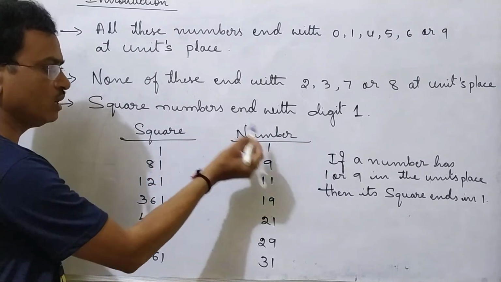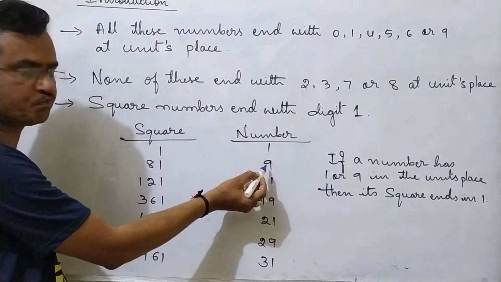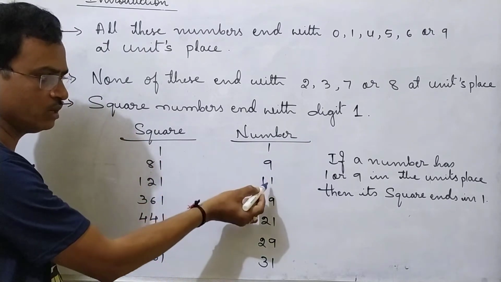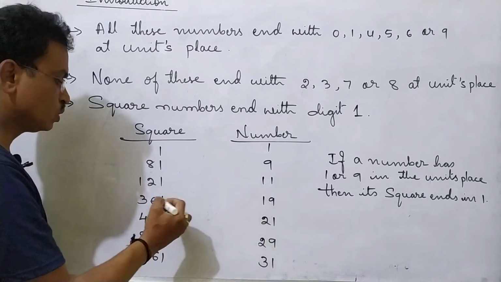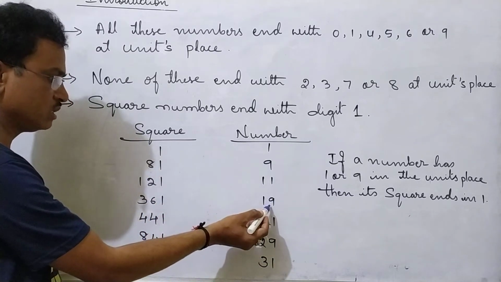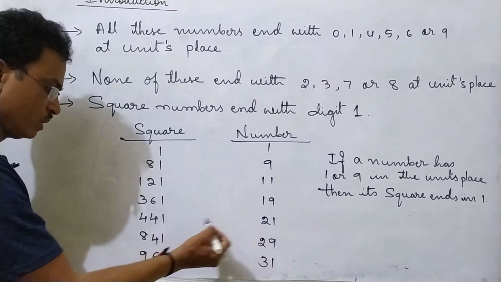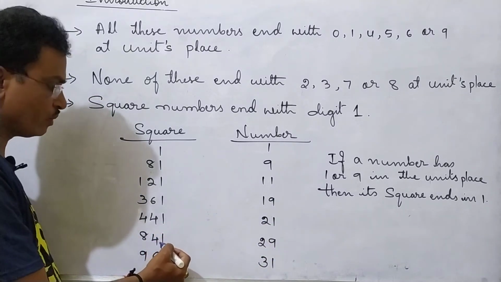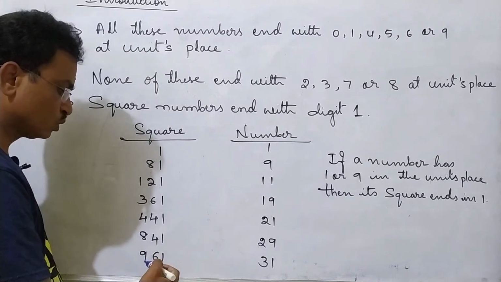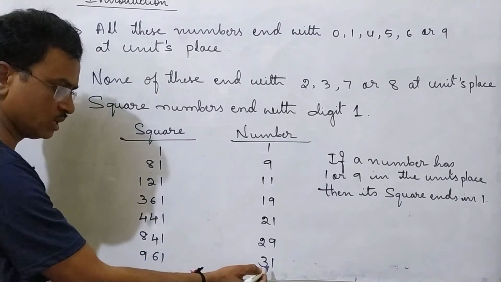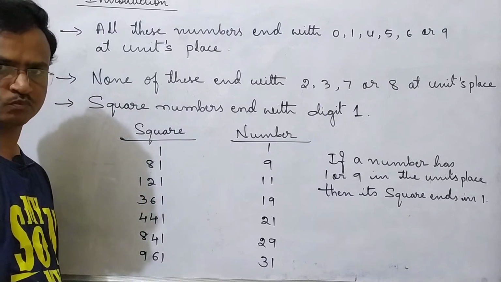Square root of 81 is 9. Square root of 121 is equal to 11. Square root of 361 is equal to 19. Square root of 441 is equal to 21. Square root of 841 is equal to 29. Square root of 961 is equal to 31.